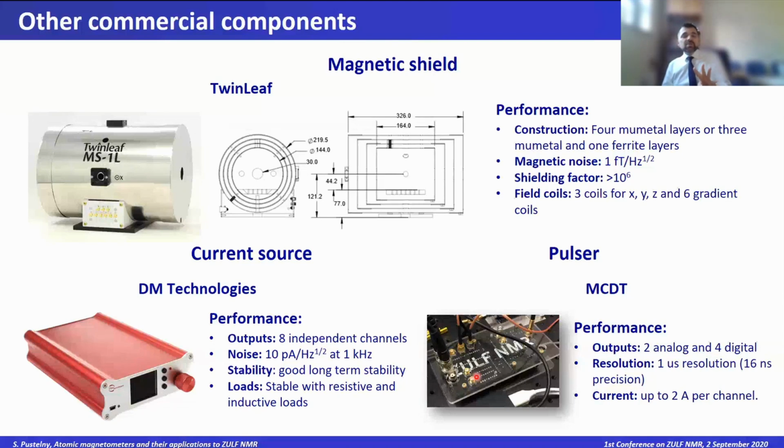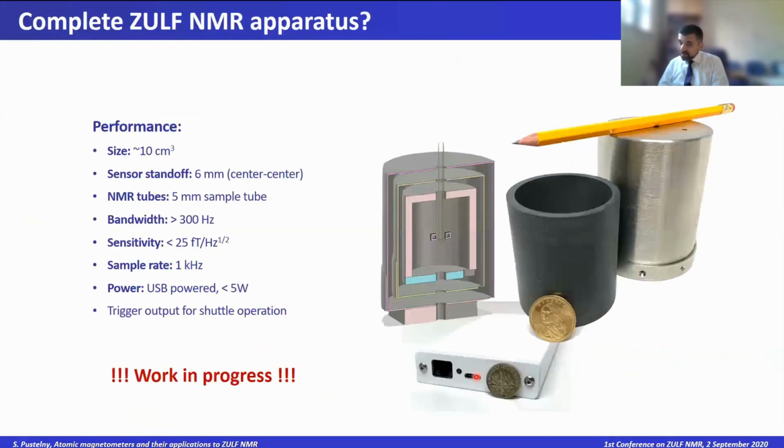So you have many commercial components that you can buy, and if you're a chemist, you don't have to build the apparatus on your own. You can assemble it from components. But if you wait a little bit longer, you may be able to buy such a system commercially.